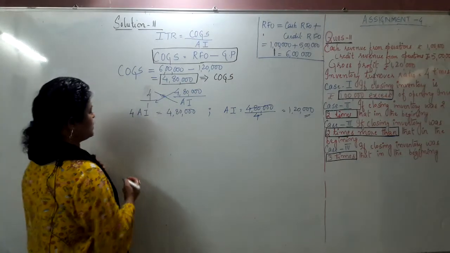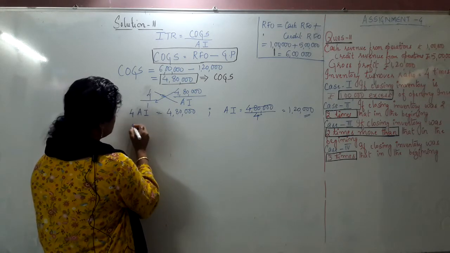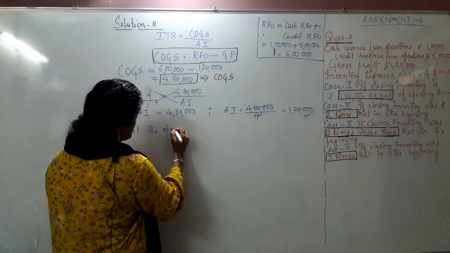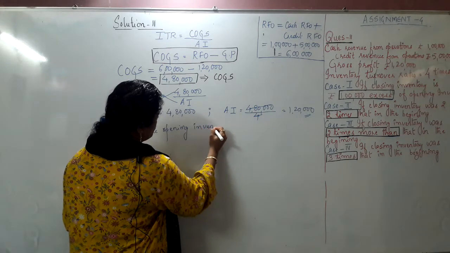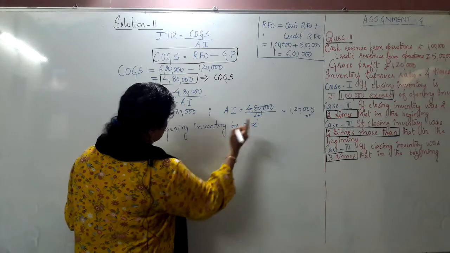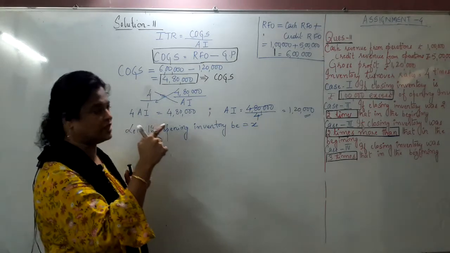In such a situation, let us assume the opening inventory as X. Let the opening inventory be X. Now the question may arise, why have I taken opening inventory as X, why not the closing inventory?